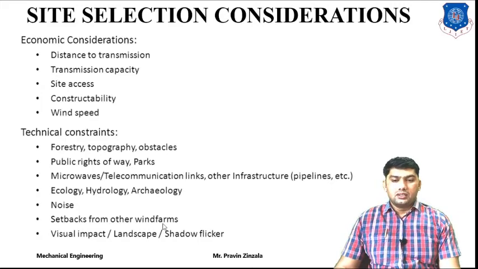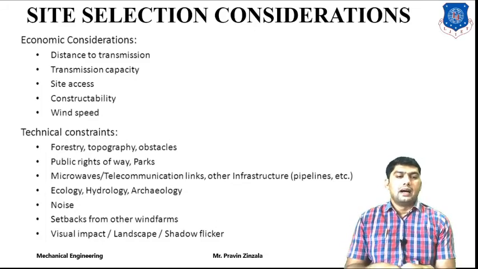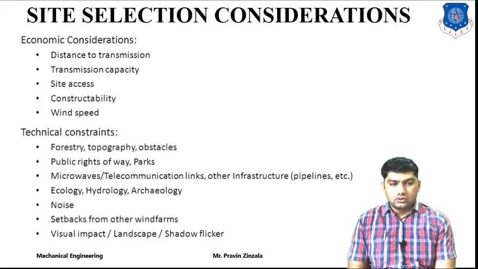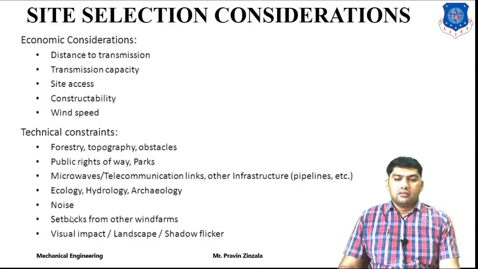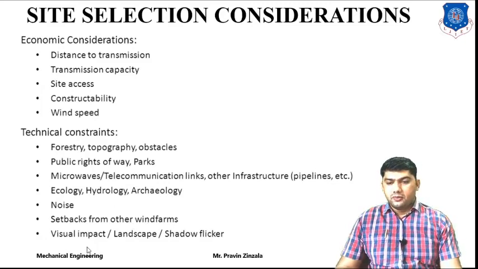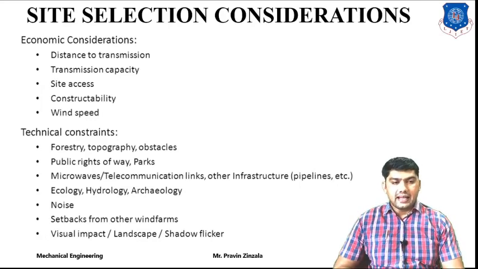Then setback from other wind farms. A wind farm means installing a number of windmills together. For the maximum generation of electricity from a wind farm, we have to install the maximum number of windmills. Then the visual impact, landscape, or shadow flicker, meaning which type of land is available and its bearing capacity.